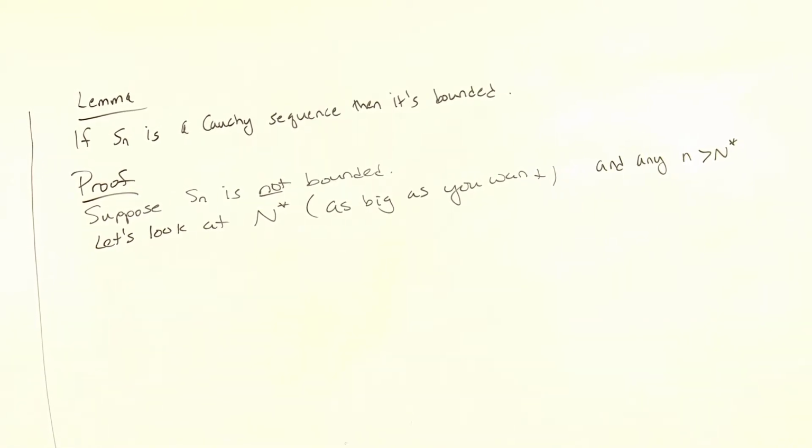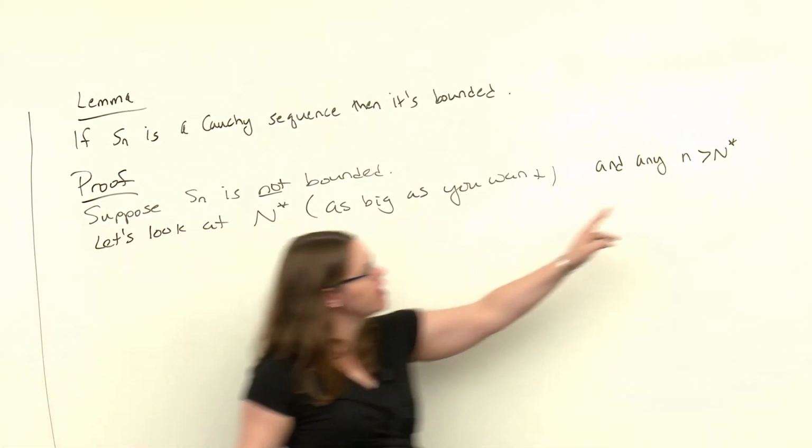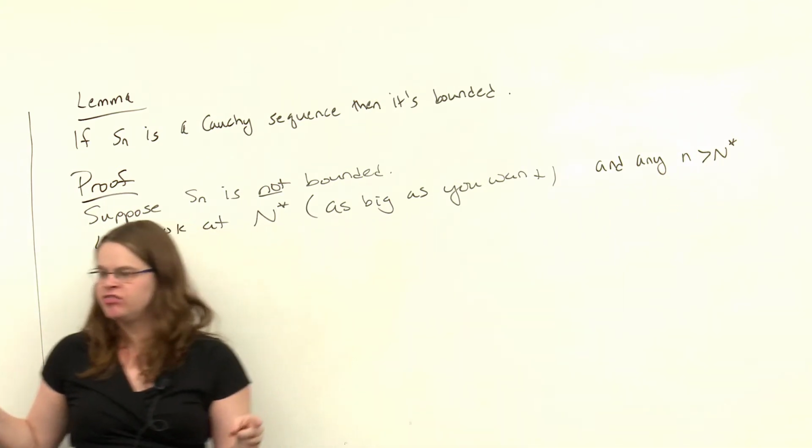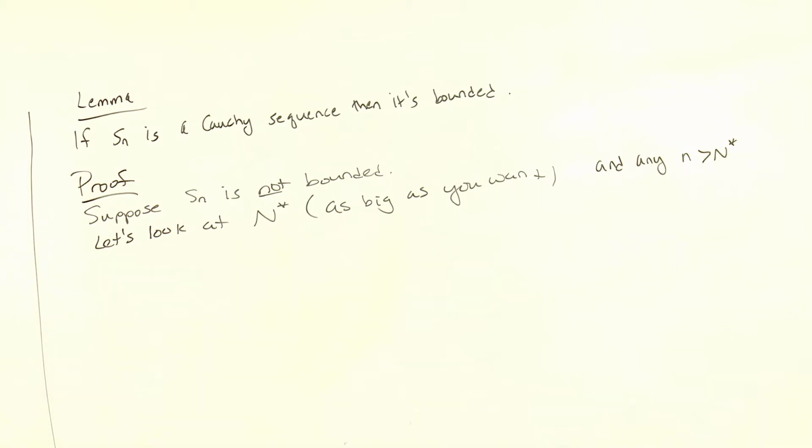All right, we want to show that no matter how big this is, no matter how big this n is, I can find another m that's also super big, such that Sn minus Sm just stays large. It doesn't go to 0. So this is our goal.